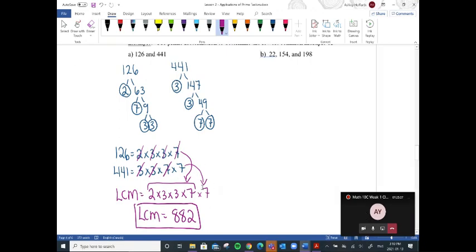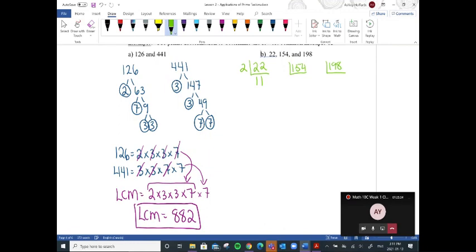Okay, so it might be a little confusing right now because suddenly I'm throwing these different rules at you. Let's do this next one first and then see if there's any questions after that. So let's do 22, let's do prime factoring of that. Let's do the division table here. Okay, so 22 is even, so I'm going to use 2.